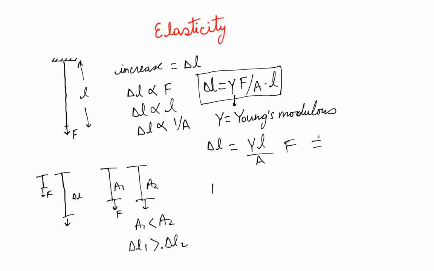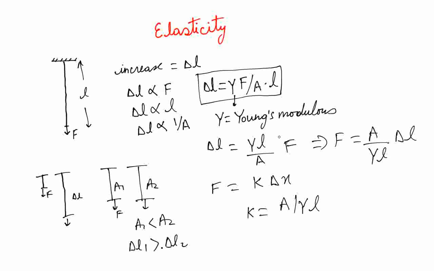You can rearrange this to write F equals A over YL times delta L, and recalling Hooke's law, which said F equals K delta X, change in length. So for a wire with given A, given L, and given Y, we know K is going to be A divided by YL.